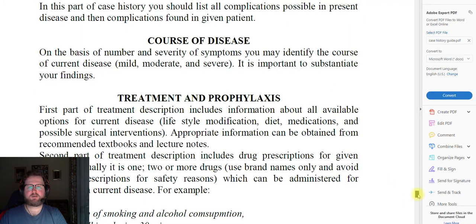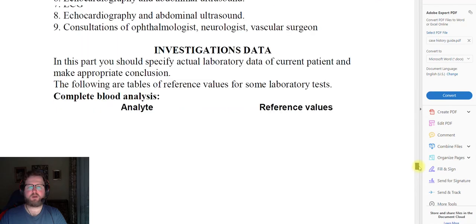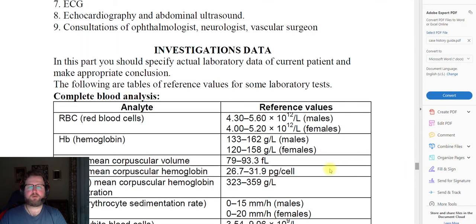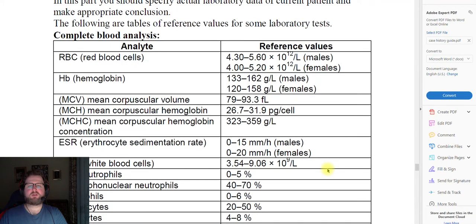As it says in the manual, complete blood analysis, or in other words, the general blood analysis, will give you information about the rate of hemoglobin in this patient.